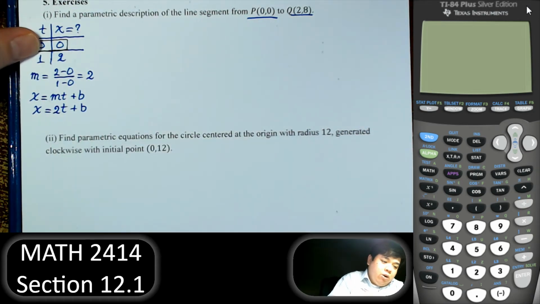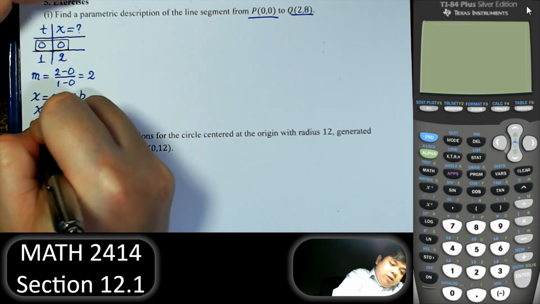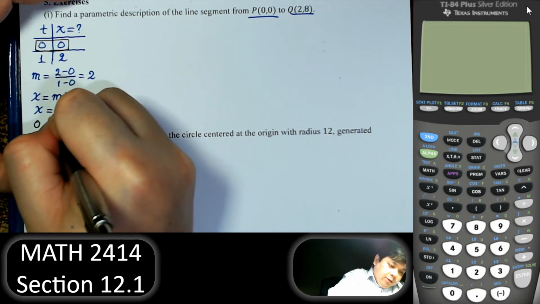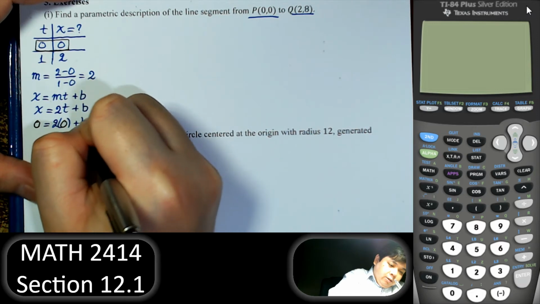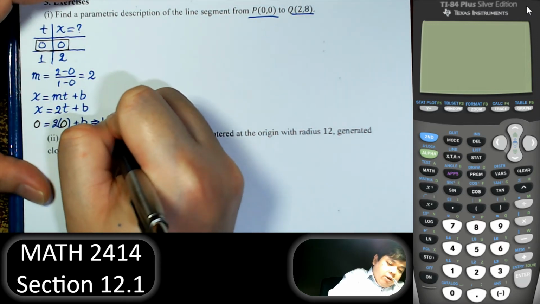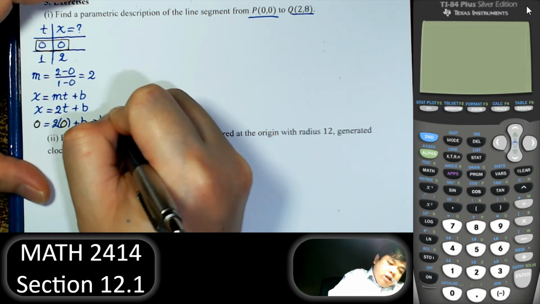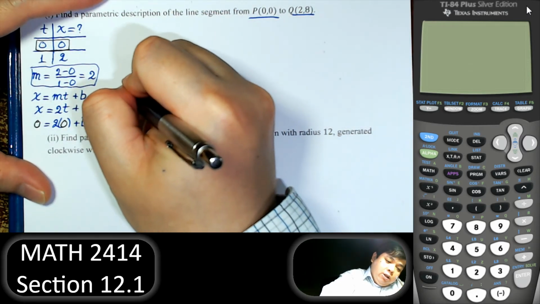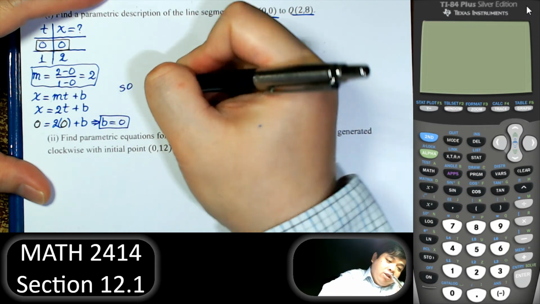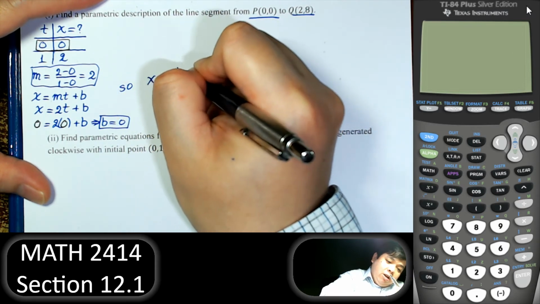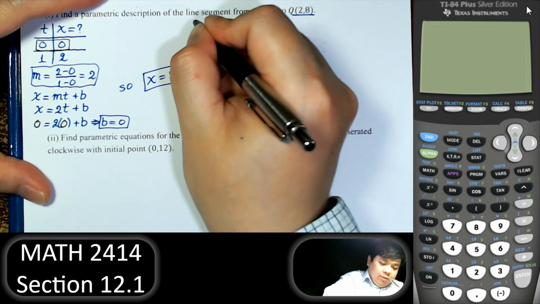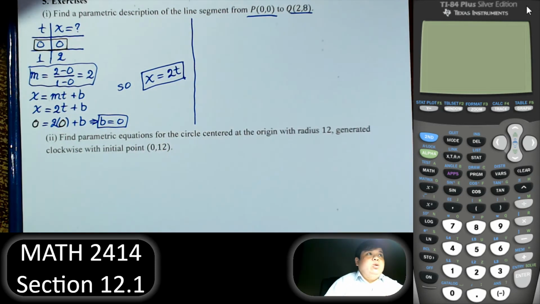When t equals 0, x equals 0. So b is equal to 0. Now b equals 0 and m equals 2. So x equals mt plus b, so x equals 2t.